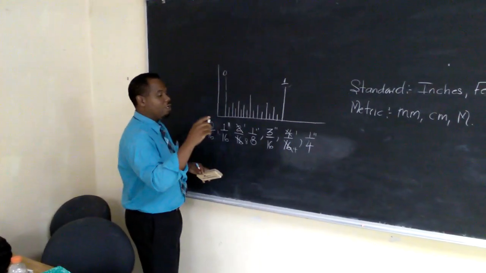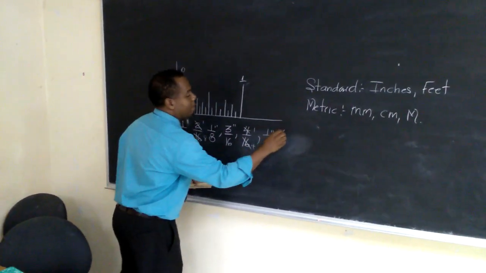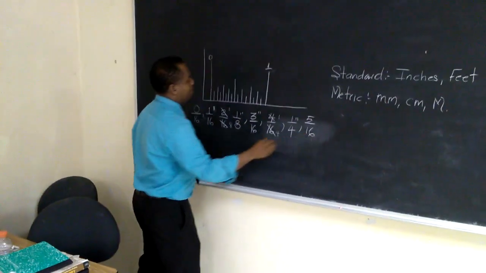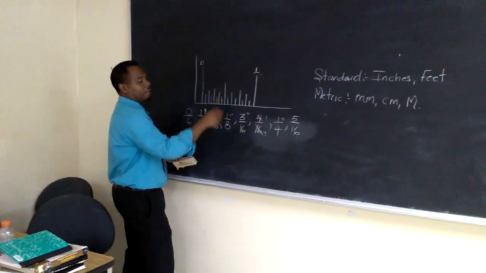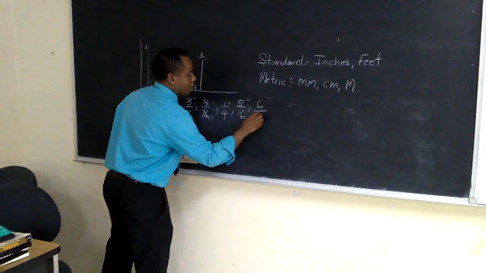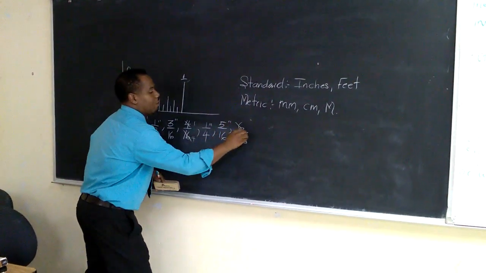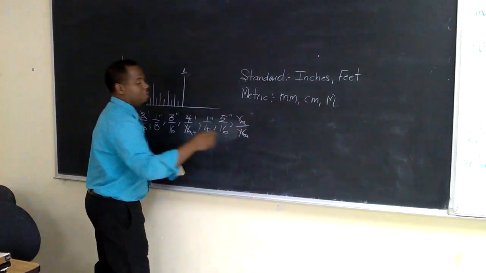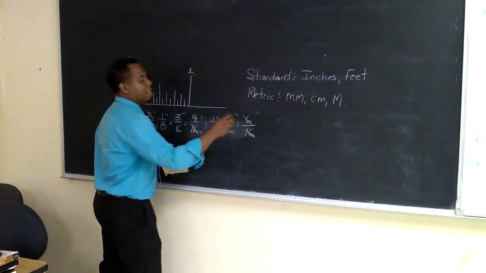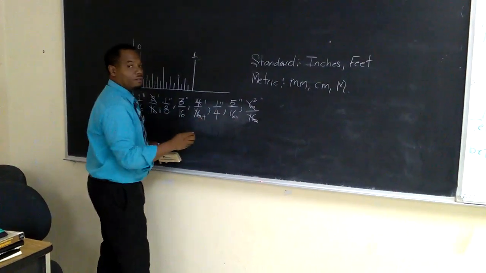And so if we should continue from 4/16, we move on to 5, recognizing that 5 is short. 6 over 16 here becomes what? 3 over 8, because we find that there's a common divider that can be used, which is 2, and it will go into 6 3 times.